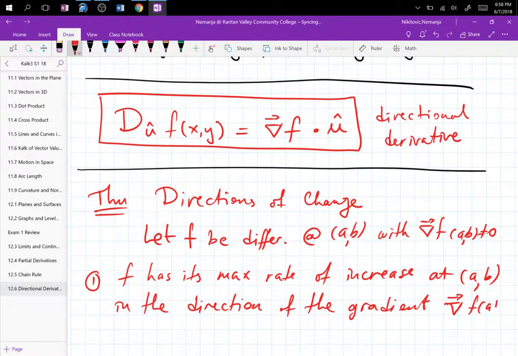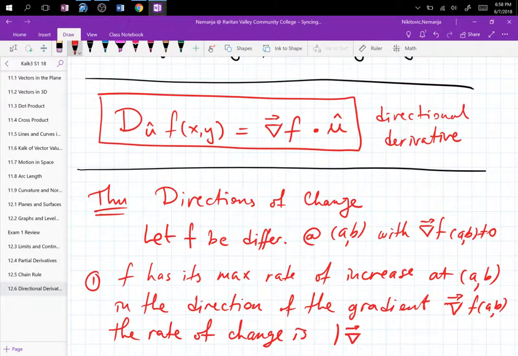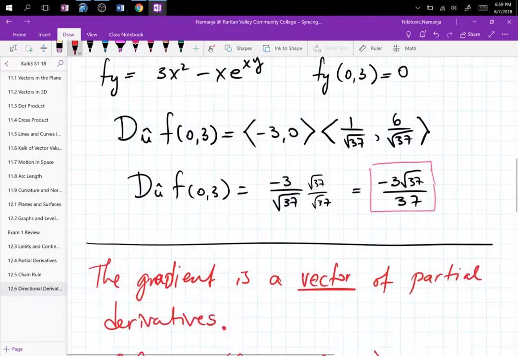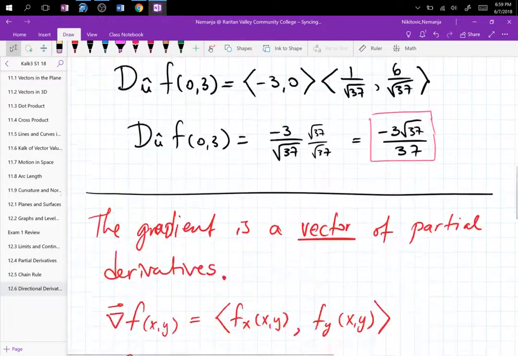The rate of change is the magnitude of the gradient of f at (a, b). So please remember that the gradient is a vector, right? So you will have some vector there, and then you take its magnitude, and that's, we already did this, but somewhere. Yeah, right here, magnitude.